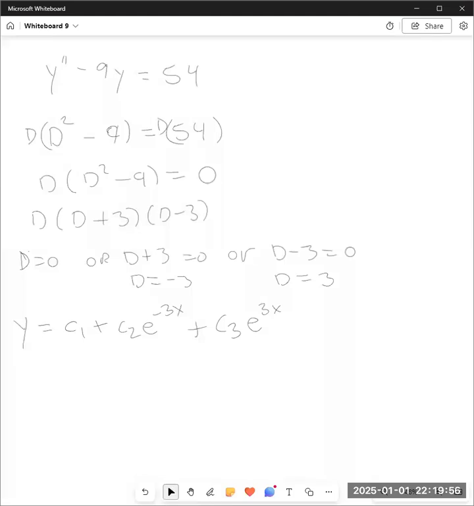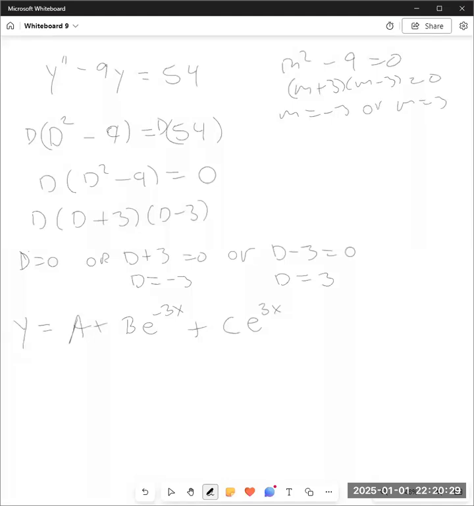Let's call them a, b, and c for right now. It really doesn't matter. I'm going to compare and see what parts are the same. So coming back up here, looking at this part, I would have made my auxiliary equation with m, m plus 3 times m minus 3 equals 0, m equals -3 or m equals 3.